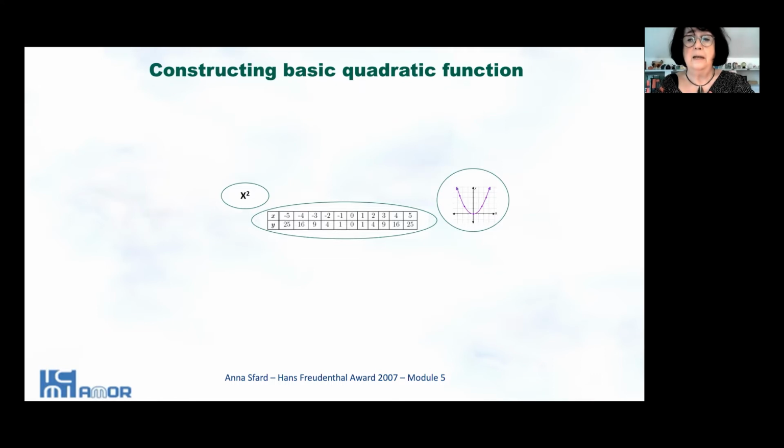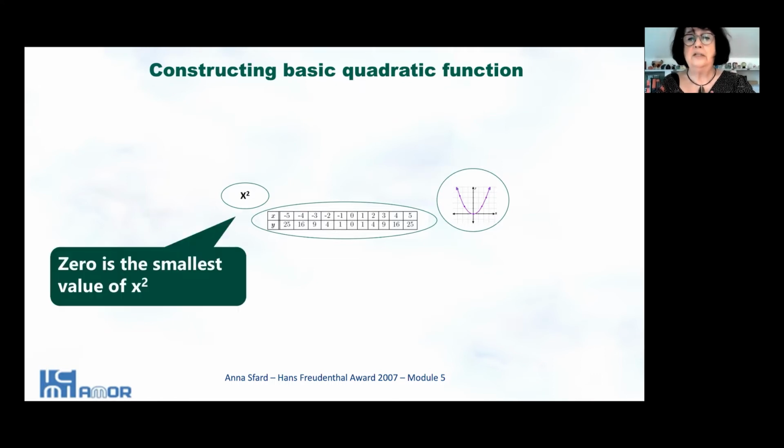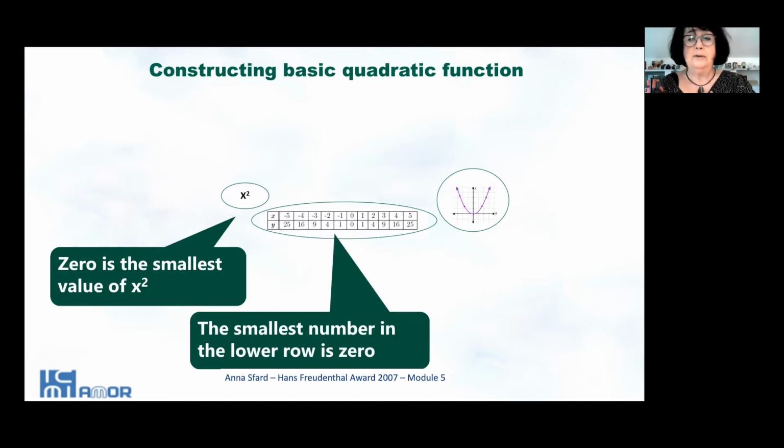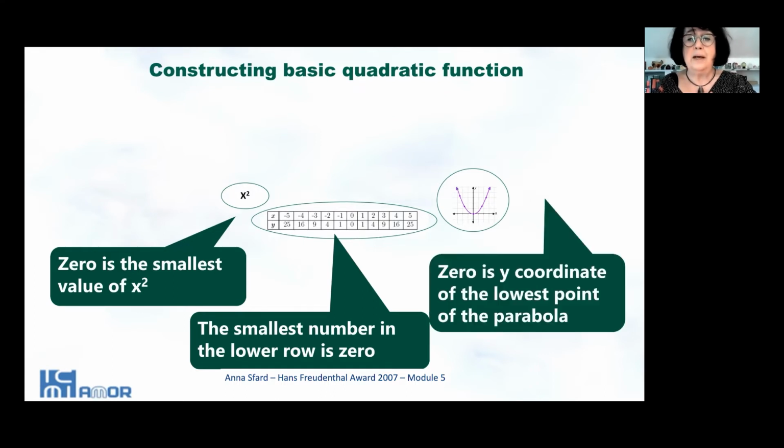For instance, the claim that 0 is the smallest value of x squared can be translated into the story of the smallest number in the lower row of the table and into one of the lowest point on the parabola.